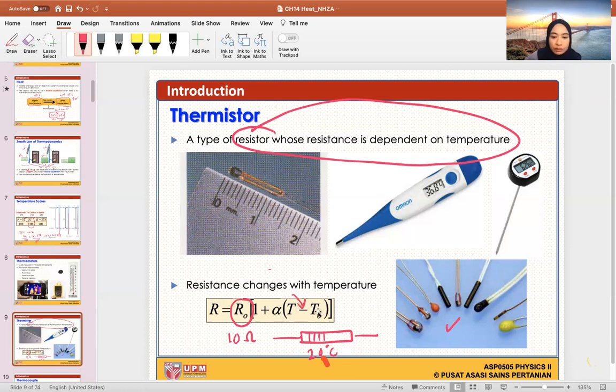Right now, your change in temperature is 30 minus 20, which is 10. So there is a value for alpha. 10 times alpha plus 1, times 10, will give you something that is greater than 10, which means that if you increase the temperature, the resistor value increases. It's a pretty neat concept.